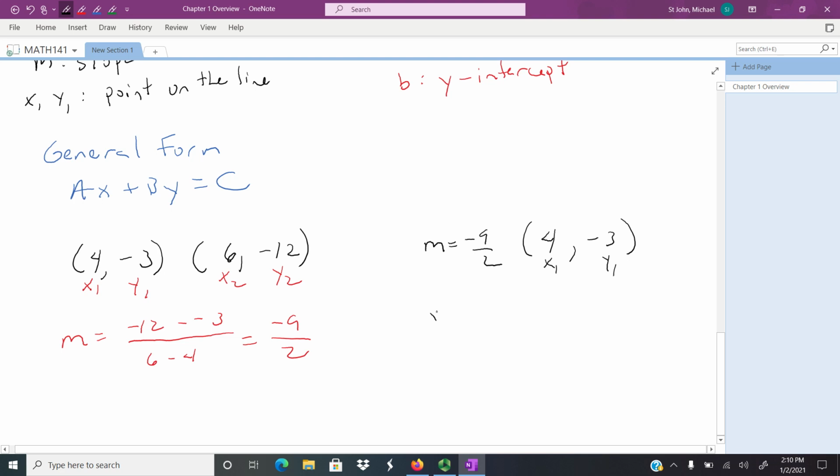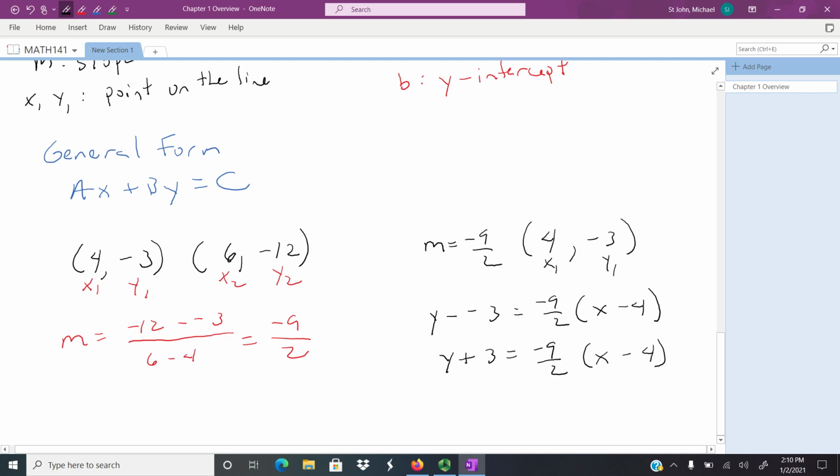And so we get y minus a minus 3 equals minus 9/2 times x minus 4. And of course, this will just become y plus 3 equals minus 9/2 times x minus 4.